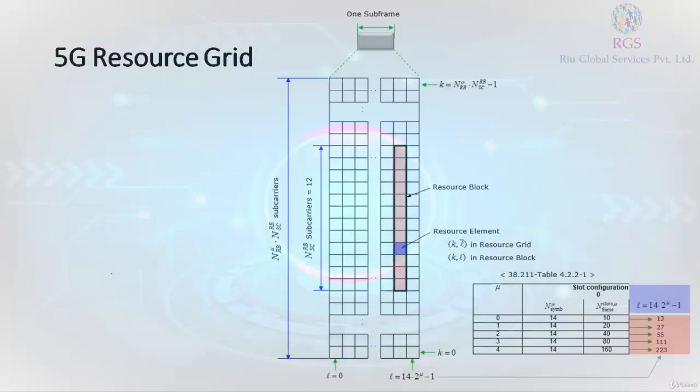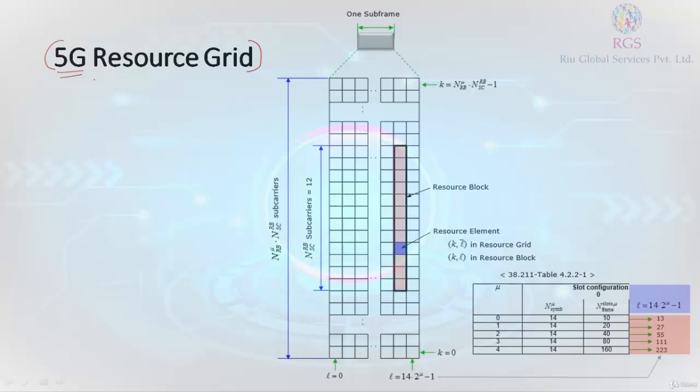Now we will talk about the resource grid of 5G. Before we understand the resource grid, let me go a little slow, because the other two topics are part of the basics, so that is clear. Let me explain what exactly 5G resources are.